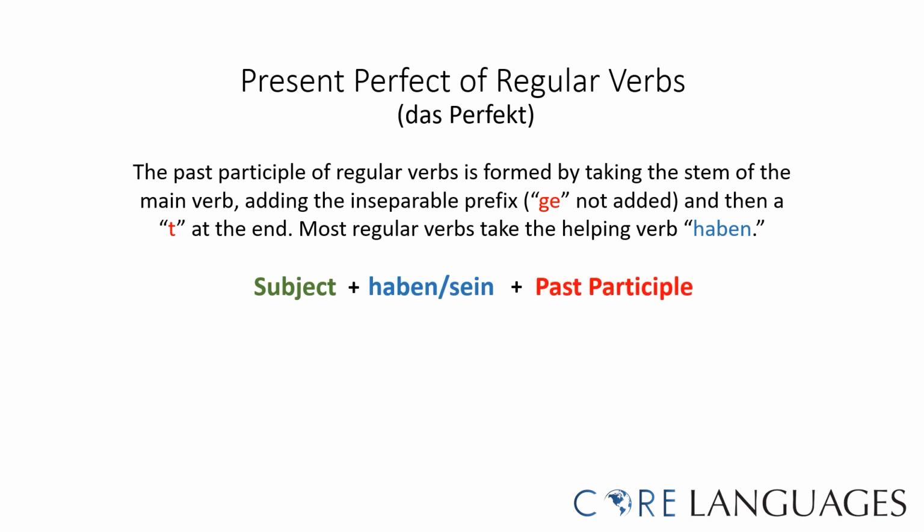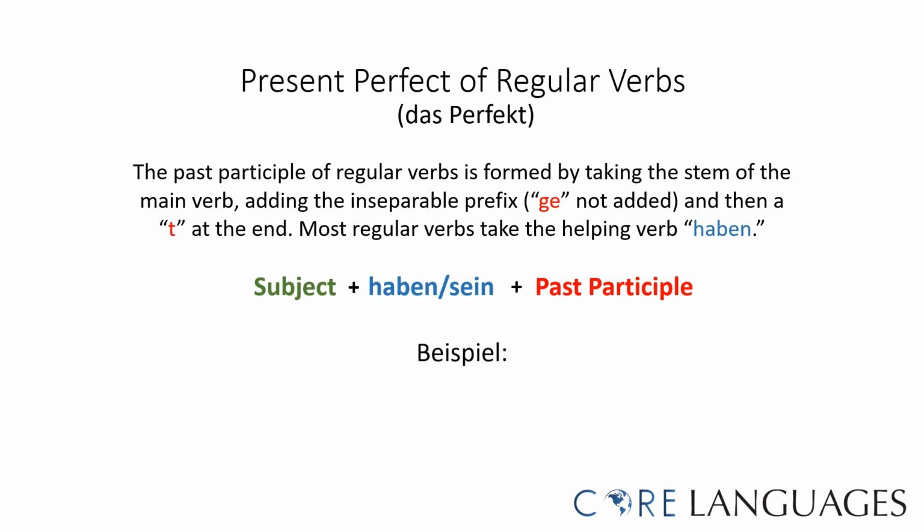Most regular verbs use the helping verb haben. An inseparable prefix verb can be a regular verb. The difference is, because it has an inseparable prefix, it does not use ge to form the past participle.